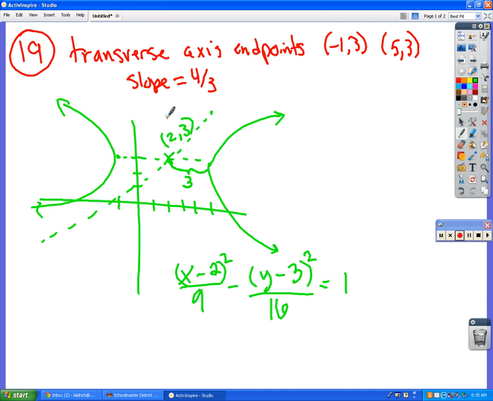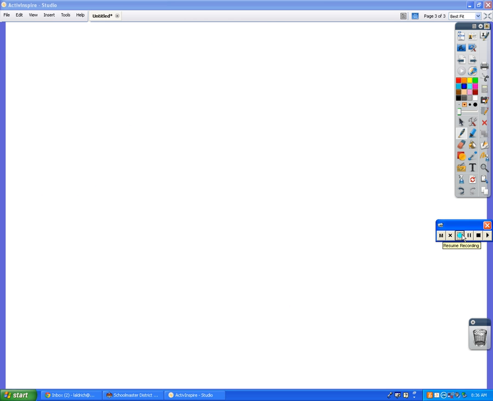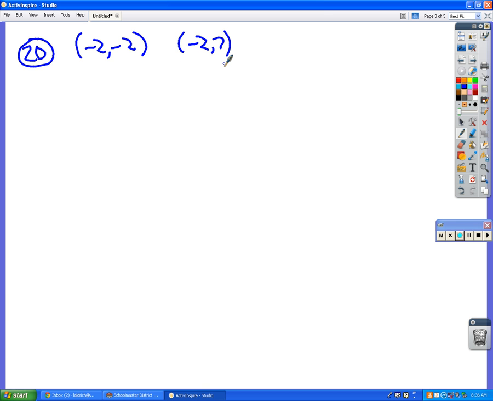Do 20 just to make sure we know what's up. It's exactly the same thing, except it's going to be going the other direction now. The points are -2, -2 and -2, 7. Since the y's have changed, the transverse axis is going this way, so the hyperbola is going to open up and down.